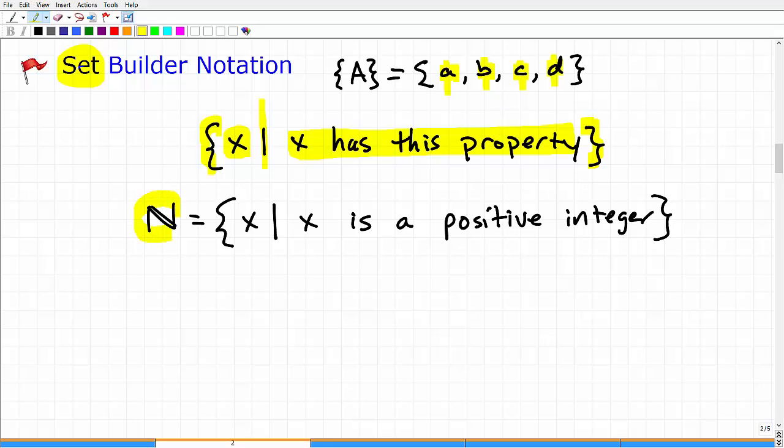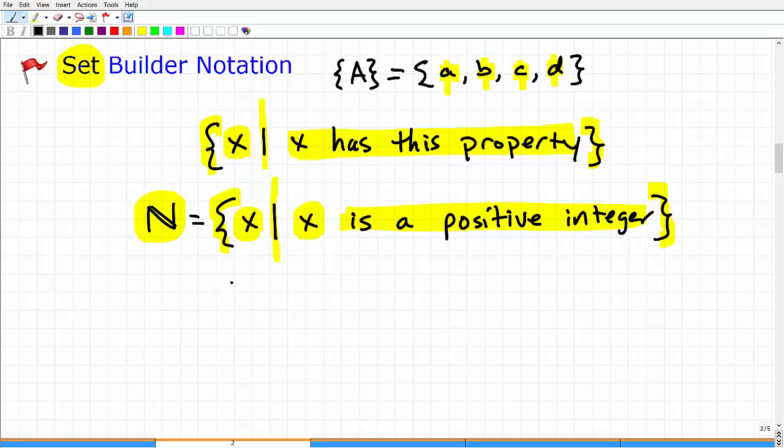Let's say I have set n, and set n happens to be the set of all numbers x such that x is a positive integer. That would look this way.